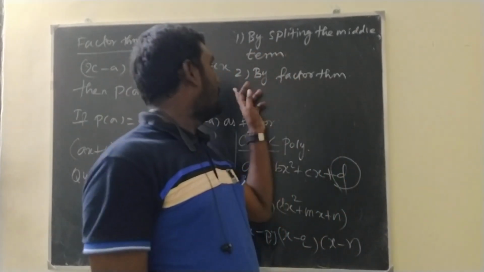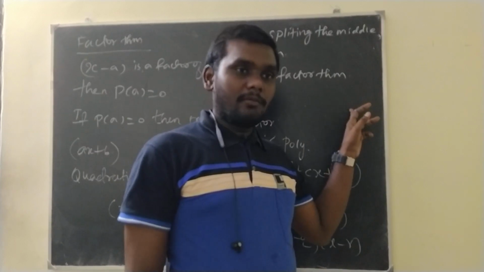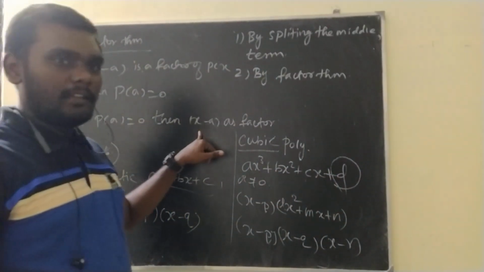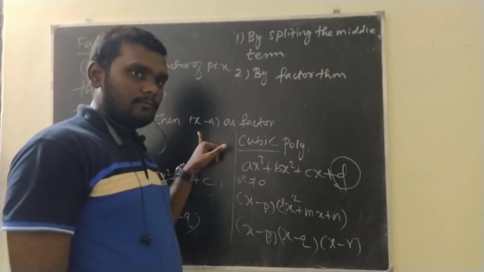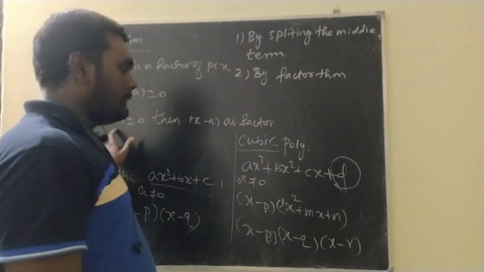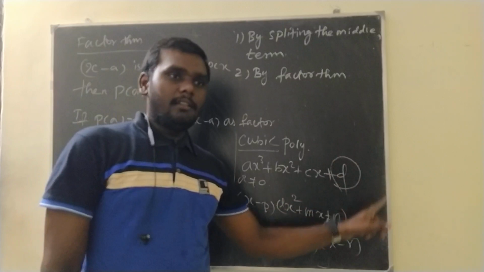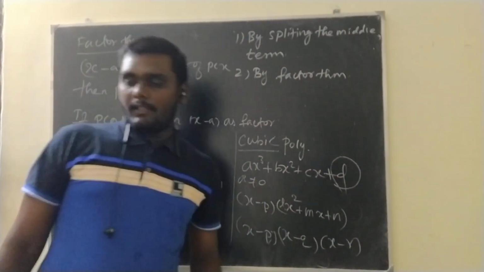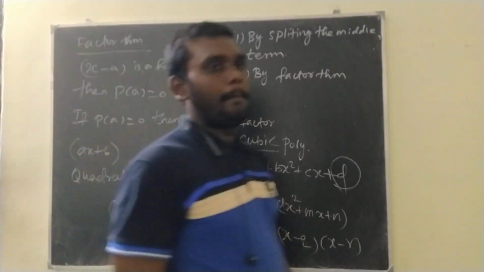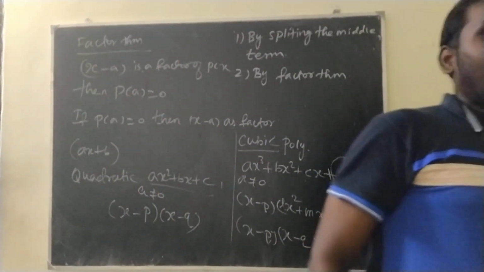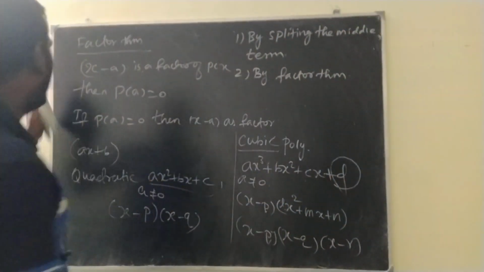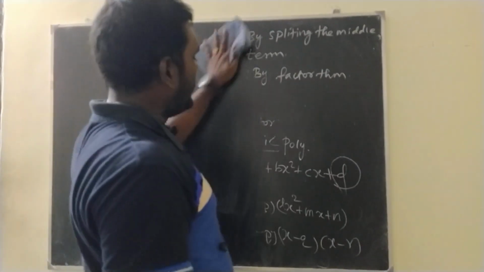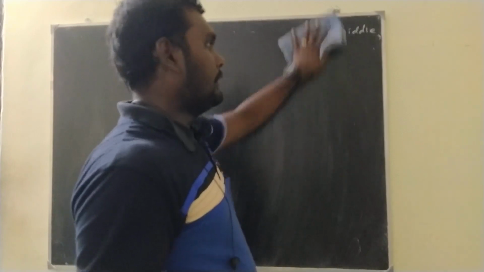That is what we mean by factor theorem: if p of a equals 0, then x minus a is a factor. To find that value a, we investigate the factors of the constant term. We will get started with the examples for a better understanding. It's easy, we can finish it quickly. We will see one quadratic example and one cubic example.